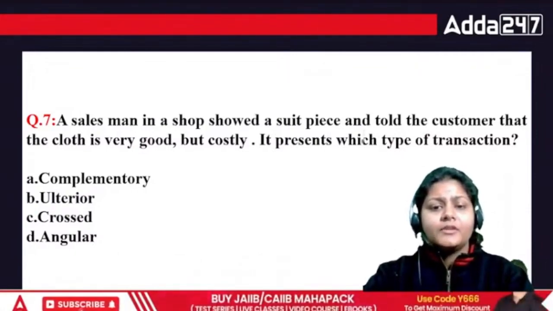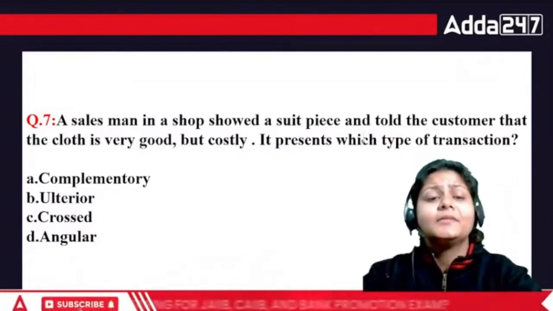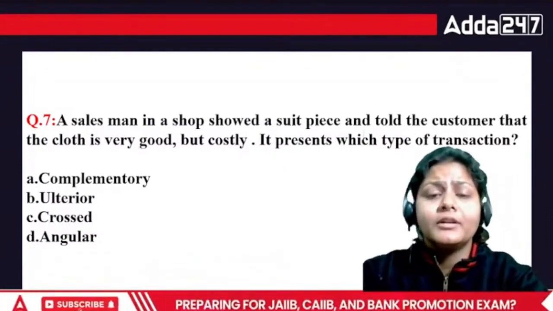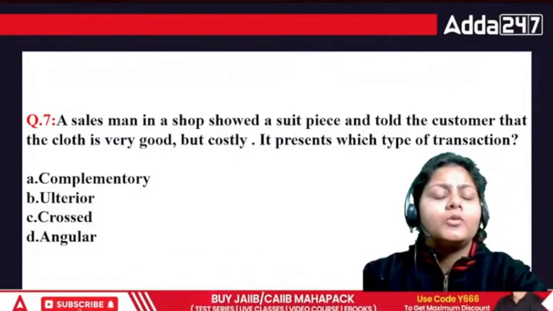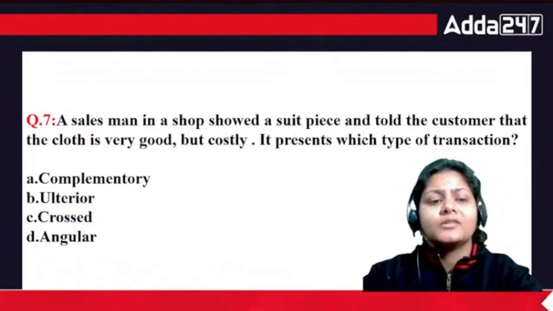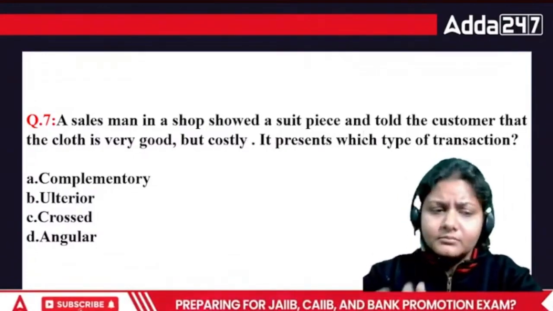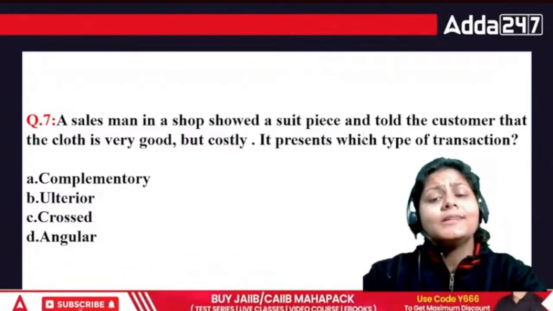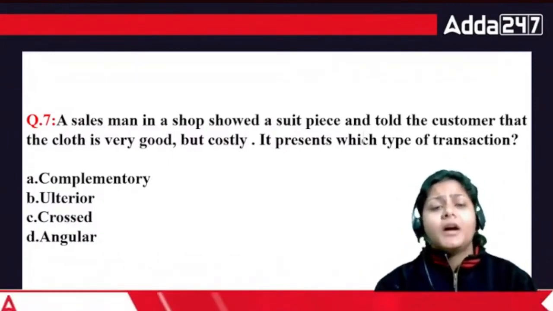Here a salesman in a shop showed a suit piece. In your book there are normally two transactions, complementary and cross. Complementary means the reply which you want to listen to, a normal reply. Cross is like a cross transaction, which can hinder your communication.